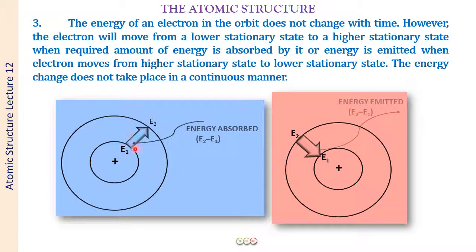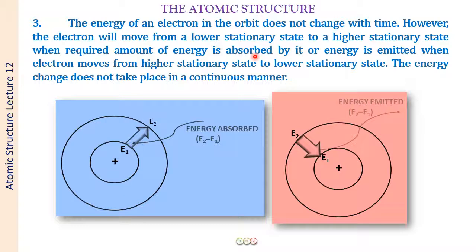So if an electron is present in the E1 orbit, which is the lower orbit, and some energy is given to it, it absorbs that energy and then moves to the next energy level. So the amount of energy absorbed is going to be how much? E2 minus E1, right? And E2 has a higher energy than E1.